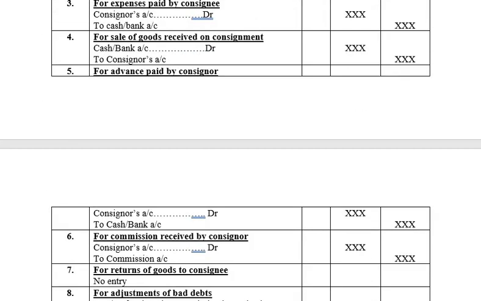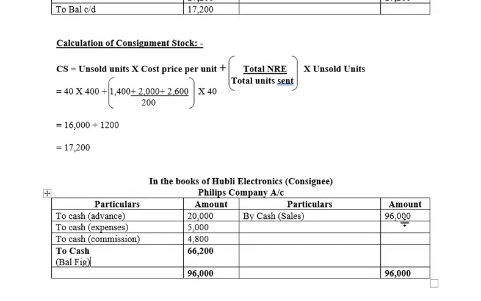Referring to these journal entries, we prepared the ledger of Philip Company account. I hope you have understood the problem, wherein we pass the journal entries and prepare the ledgers of both consignor as well as the consignee.